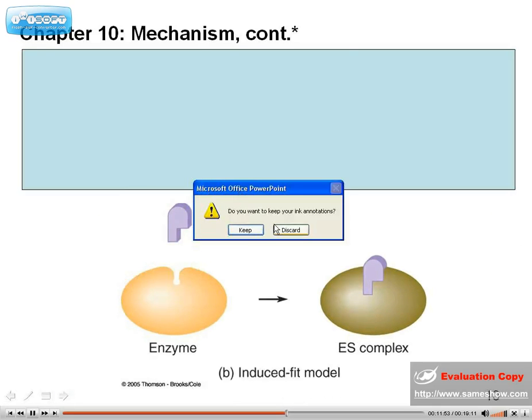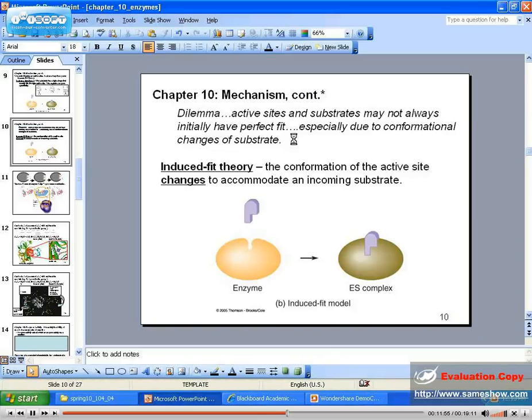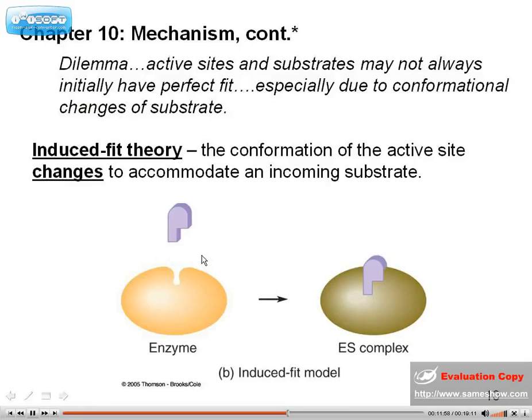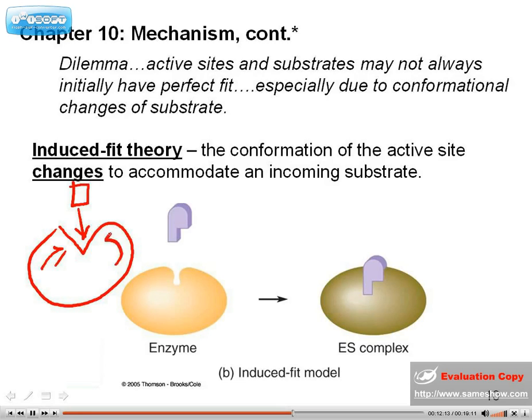Induced fit model goes one step further. It makes a general assumption that when you have the desired substrate hit the active site, the overall shape of the enzyme will change, inducing a much better fit around the desired substrate, allowing for optimal catalysis to occur.